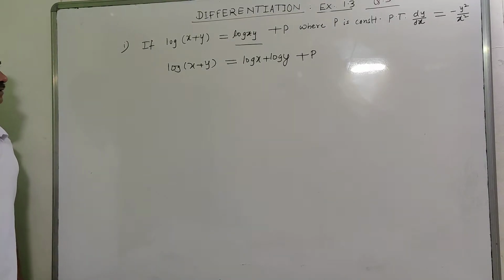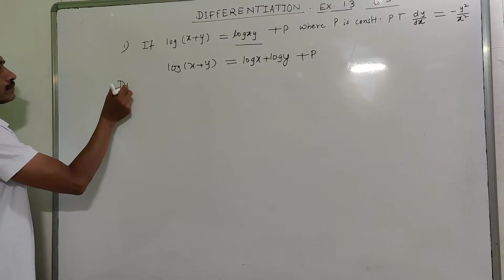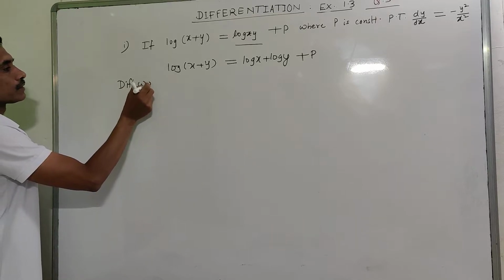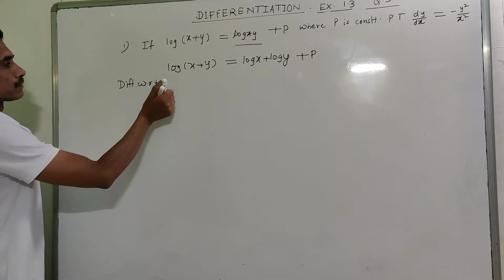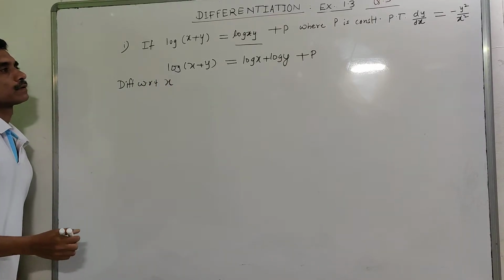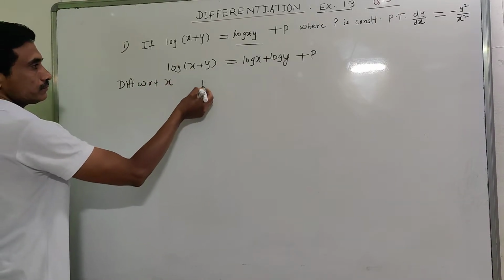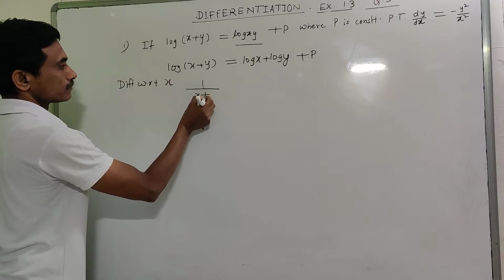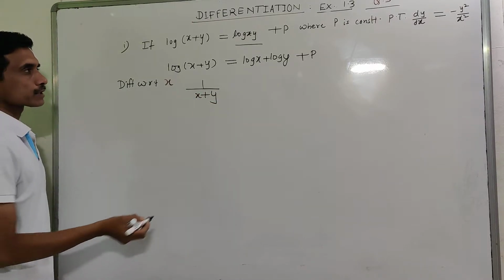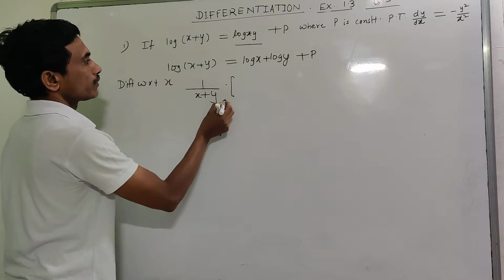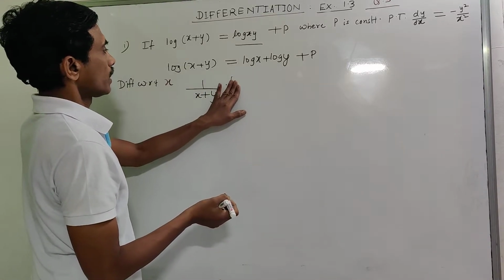Now we differentiate with respect to x. Derivative of log f(x) is 1 upon f(x) into f dash of x, that is derivative of x plus y.